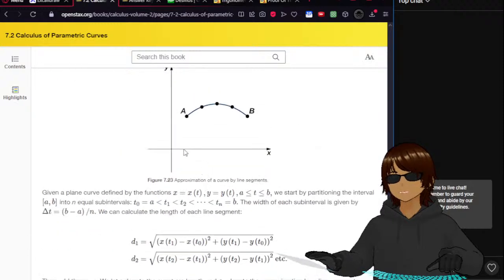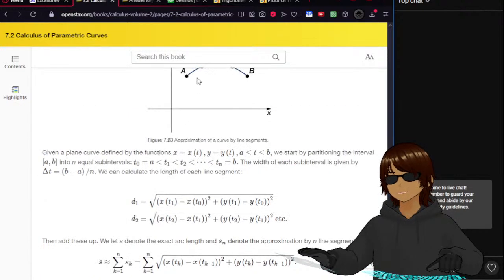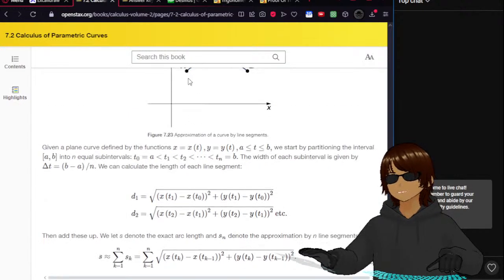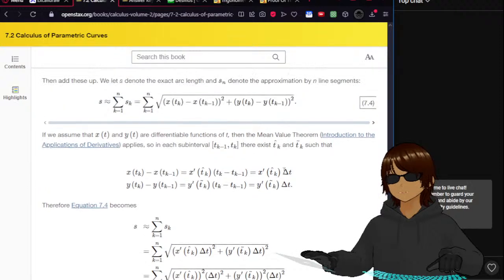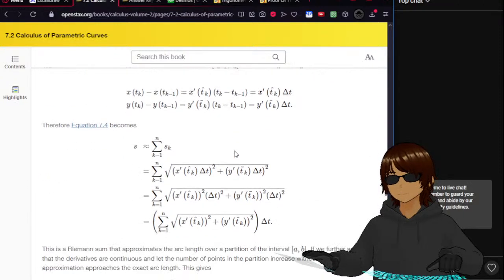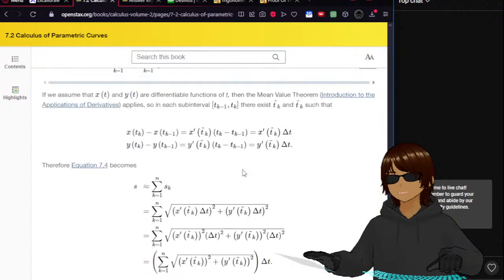Okay, I see. So between x(t) minus x(t_{k-1}). Okay, I understood. So what are they getting at?